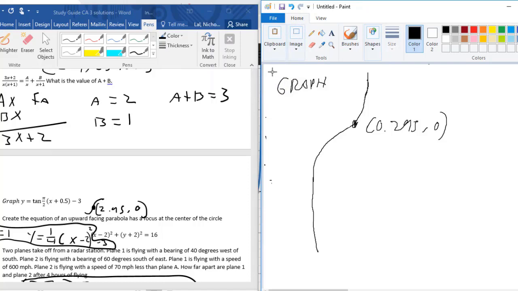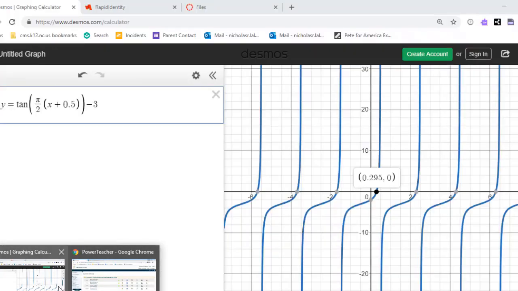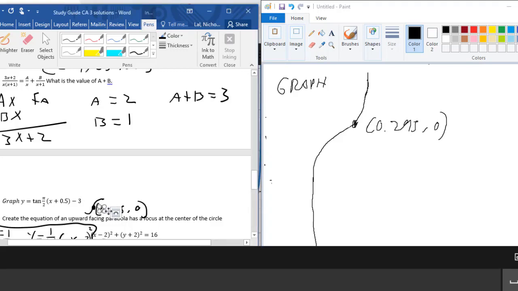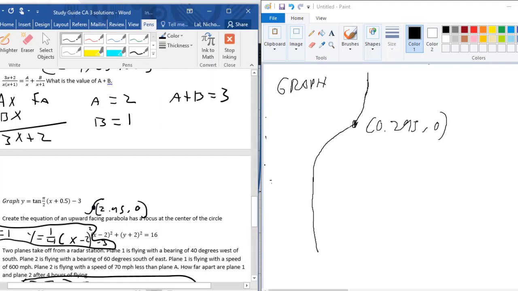So that just says the x-intercept is 0.295. I'll write that as 0.295.